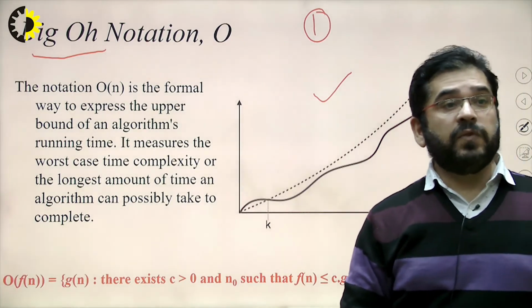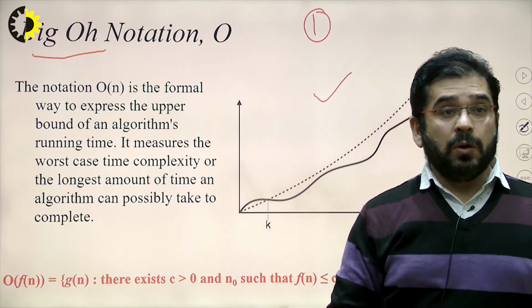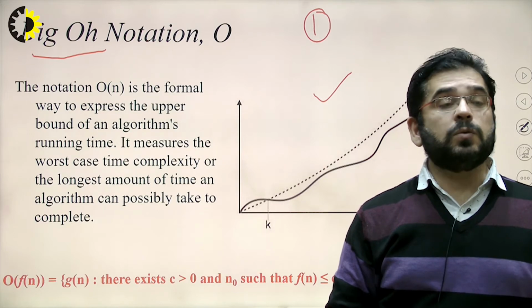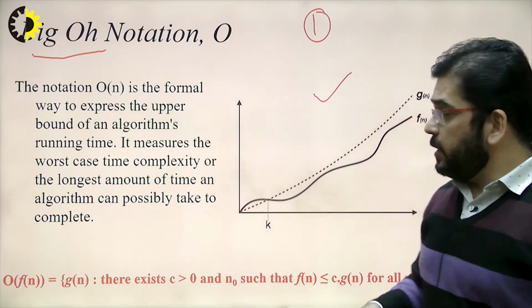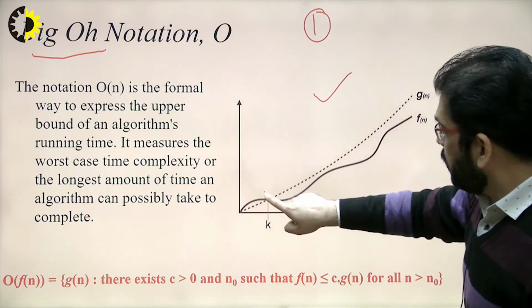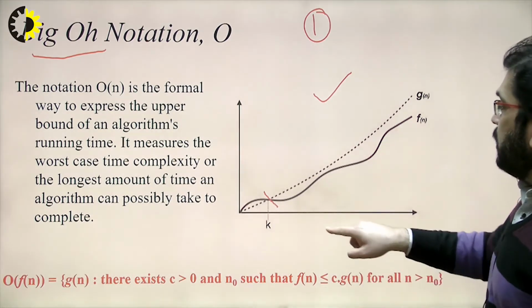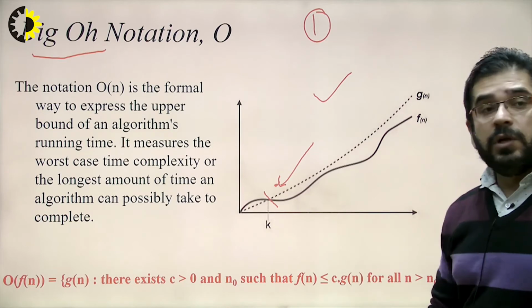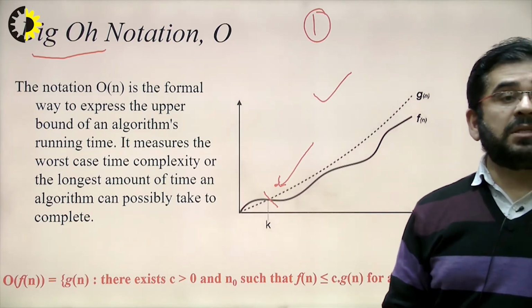It measures the worst case time complexity or the longest amount of time an algorithm can possibly take to complete. The maximum time, as you can see in the graph, at one particular point both functions f(n) and g(n) coincide with each other.